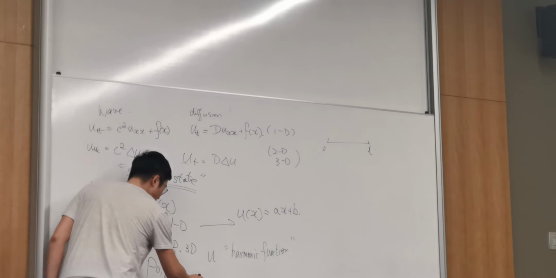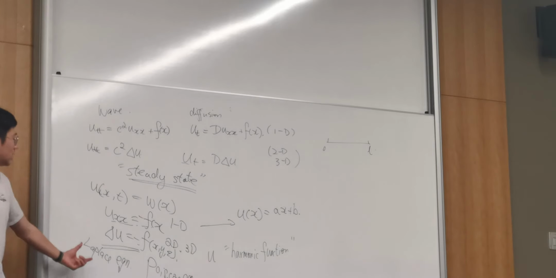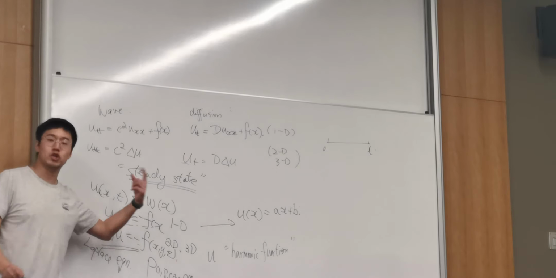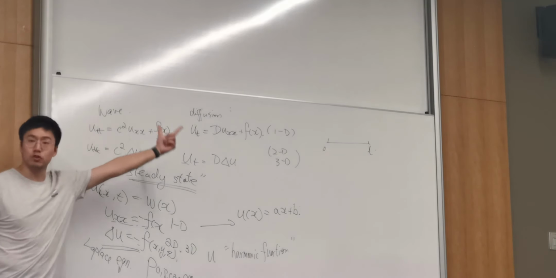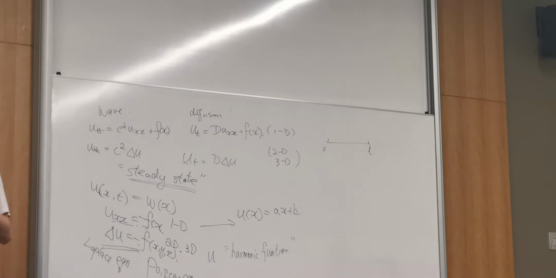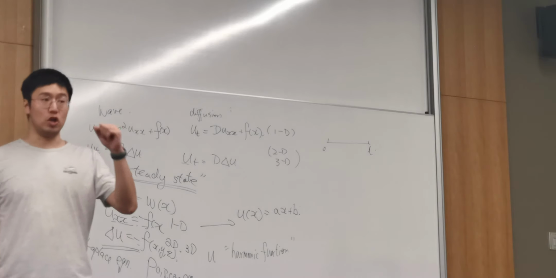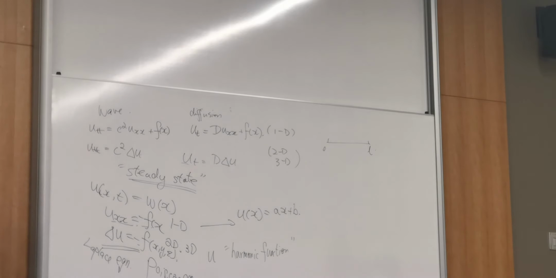The Laplace equation and Poisson equation, which represent the possible steady states for the wave equation and diffusion equation in higher dimensions, are going to be our study object for chapter 6.